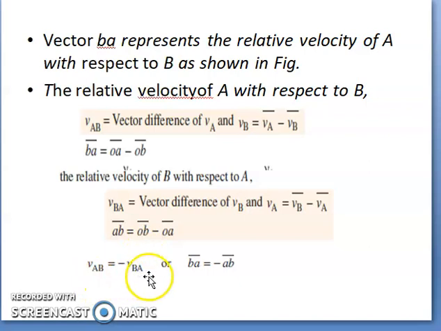You can see that the magnitude remains the same, whereas there is only a change in the direction. So the velocity of A with respect to B has the same magnitude as the velocity of B with respect to A, with only a difference in direction, or you can say that it moves in the opposite direction.